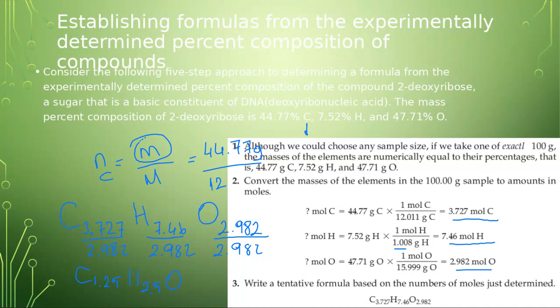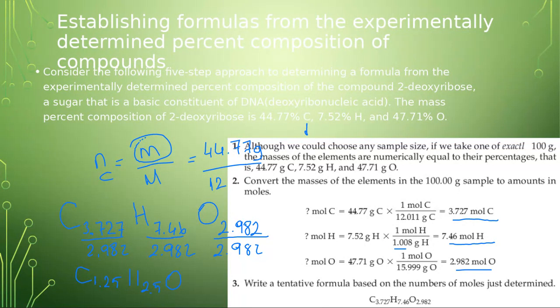Still we have that small, still not a whole number. Okay, these subscripts have to be whole numbers. This is not a whole number, so I have to multiply.